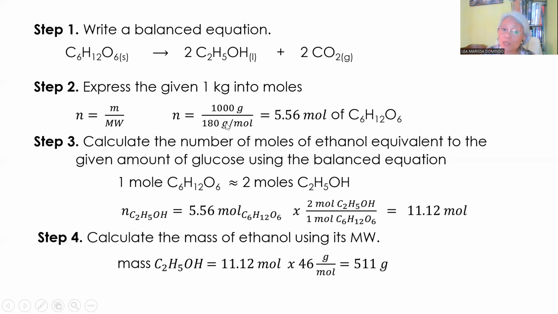Bakit ginawang grams? Kasi yung molecular weight in terms of gram per mole, para ma-divide niya, no? Yung gram. So we have 1,000 grams divided by 180 grams per mole, gram would cancel out. So gram divided by gram, sagot ay 1, times mole. So the number of moles of glucose equivalent to 1 kilogram of glucose is 5.56 moles.